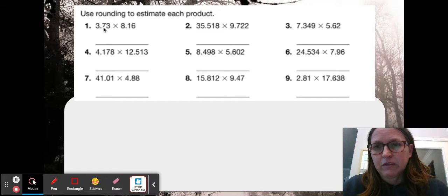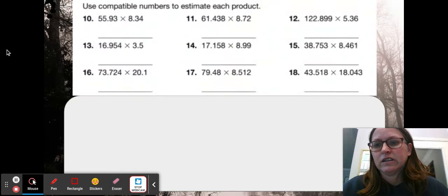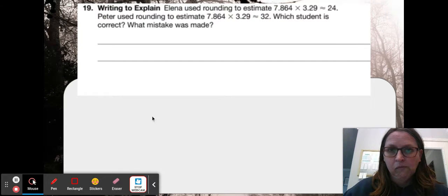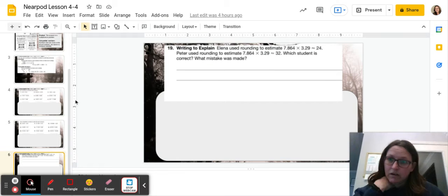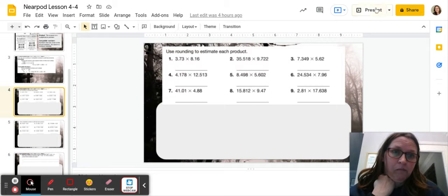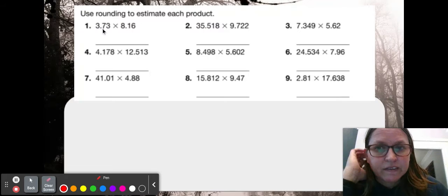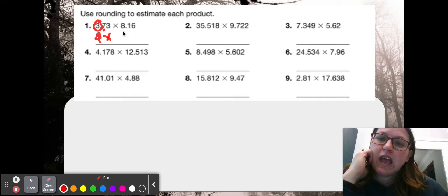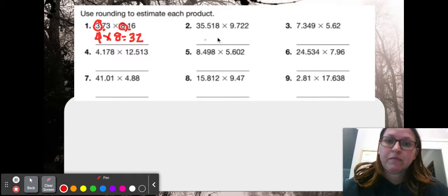So 3.73, the 7 right here tells me that my 3 is going to become a 4. So 4 times 8.16, this 1 tells me that my 8 will stay the same. 4 times 8 would equal 32.